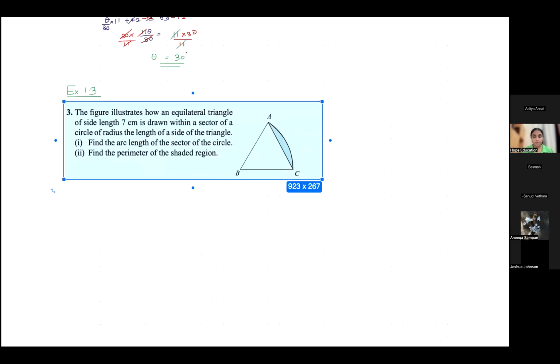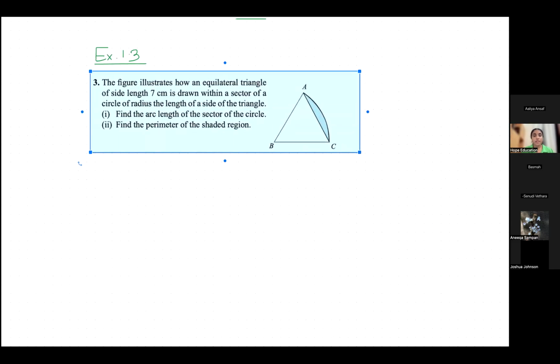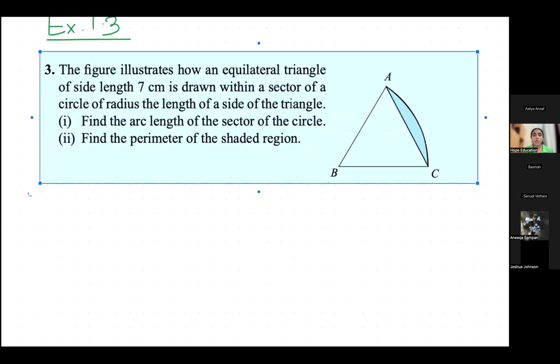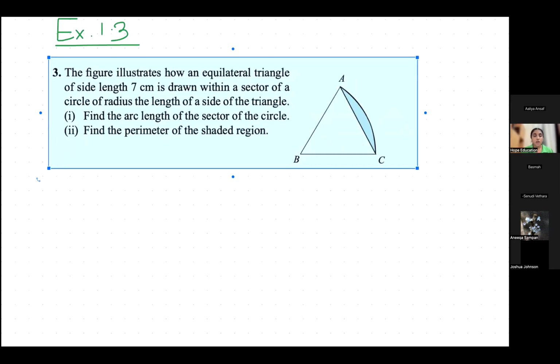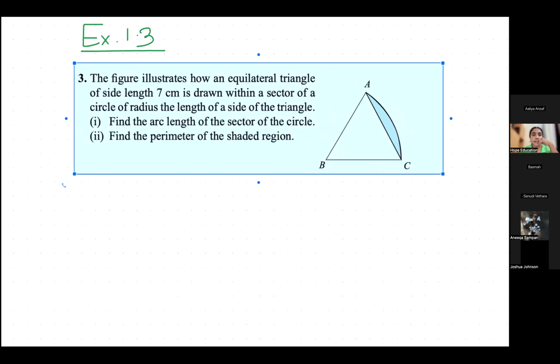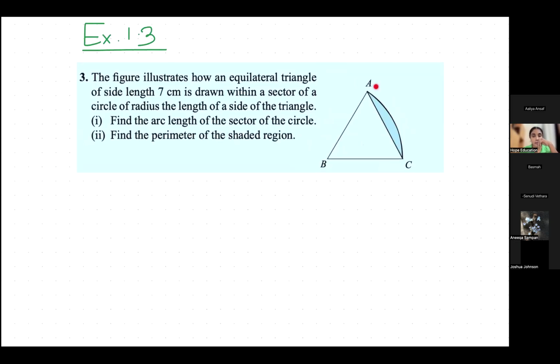The figure illustrates how an equilateral triangle of side length 7 centimeters is drawn within a sector of a circle of radius the length of a side of the triangle.